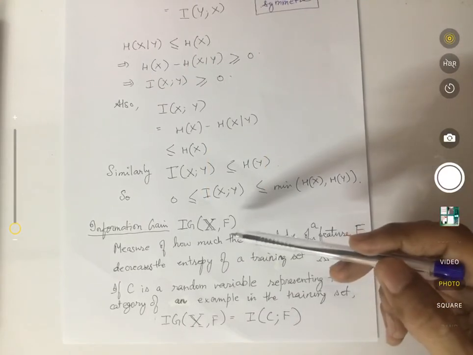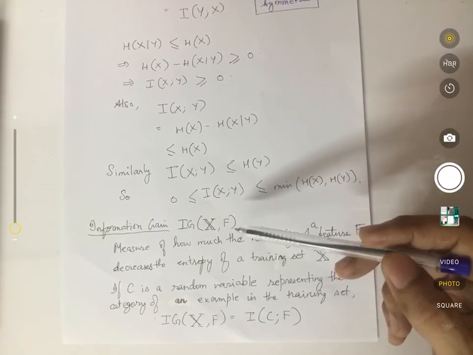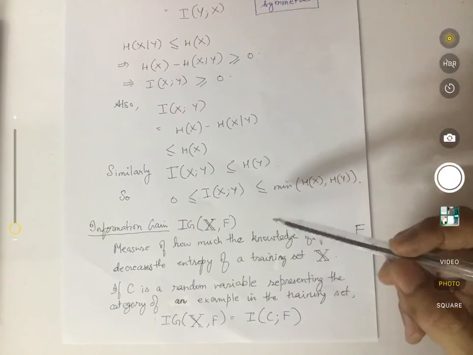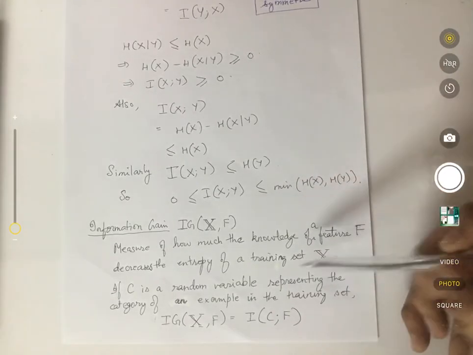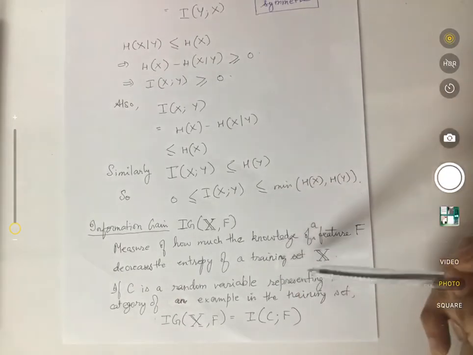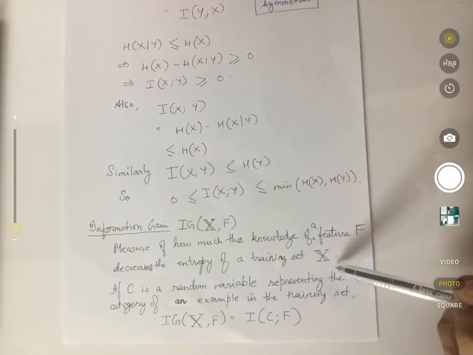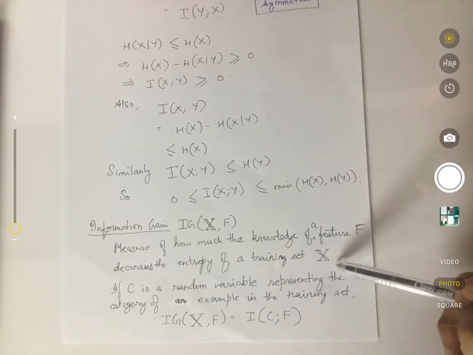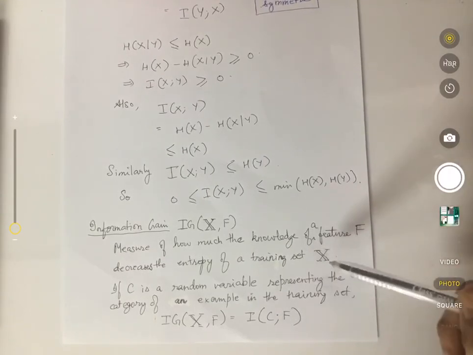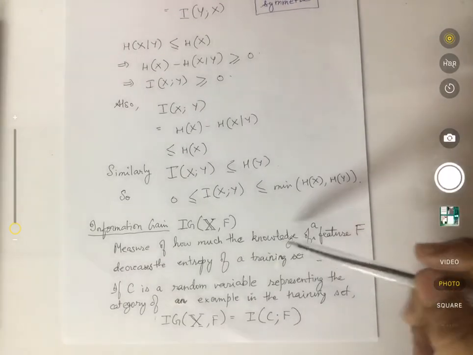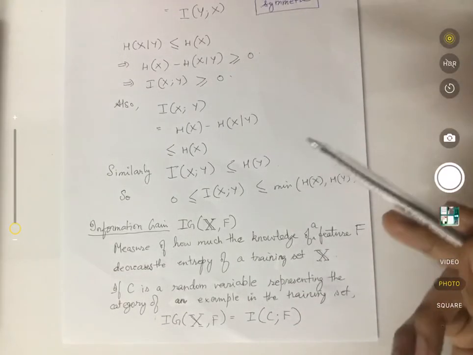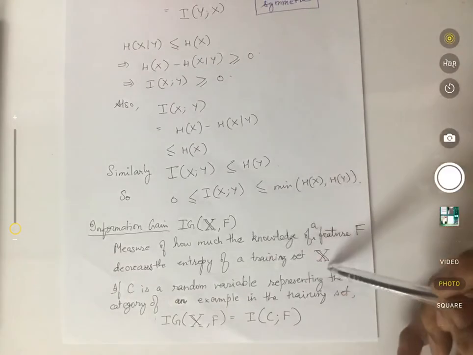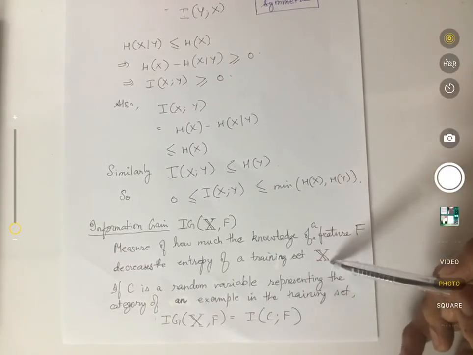And then about information gain. Information gain is just a measure of how much the knowledge of a feature f decreases the entropy of a training set x, right? So given a training set, how much the knowledge of a feature f decreases the entropy of the training set with respect to the category of the examples.